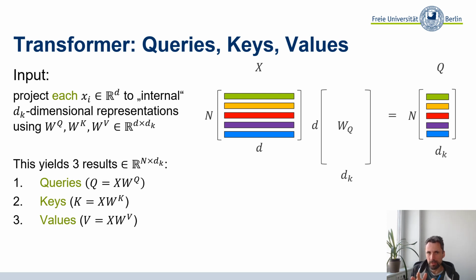These parameters decide how to represent these input tokens, and we'll see in a moment what we do with these 3 matrices. But just to give you an idea of how big these objects are in the original paper: the input dimensionality was 512.